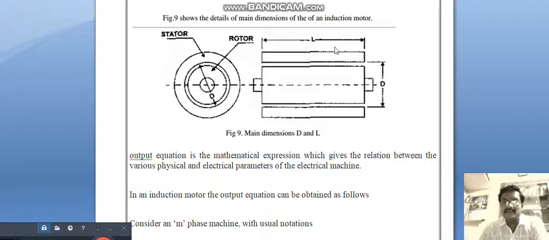The length of the stator and the length of the rotor will be equal, so we can take either one. Normally we take the rotor length and the rotor diameter as the main dimensions of the three-phase induction machine.